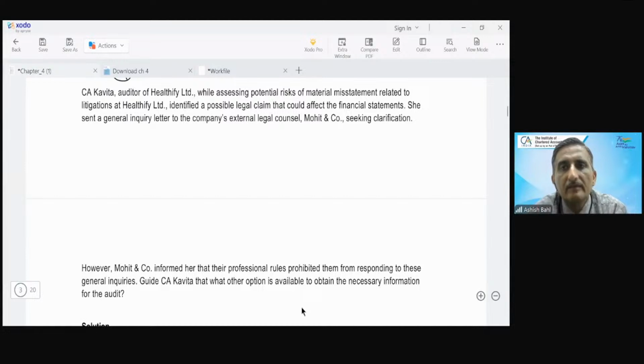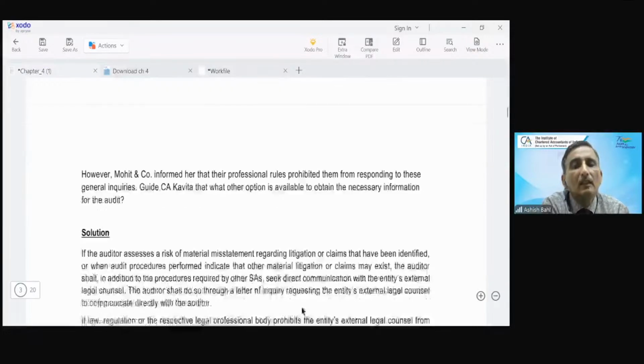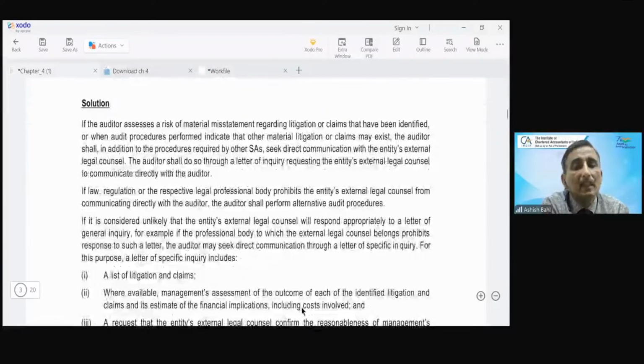Quickly, students. Nobody. So there is a letter of specific inquiry.